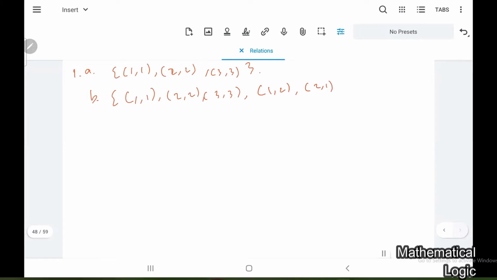So 1,1,1 should be okay. 1,2,2,2, so 1,2 again, should be okay. Maybe we can add 2,3, and then we also add 3,2, right? This is to make it symmetric, so we have to include the pair as well.